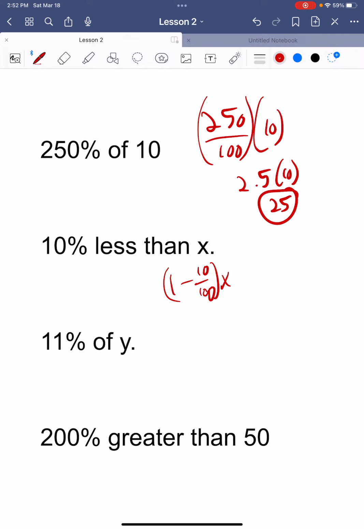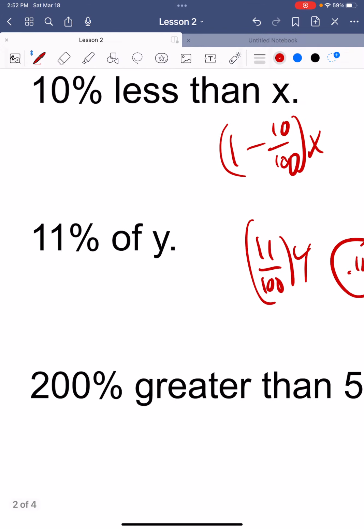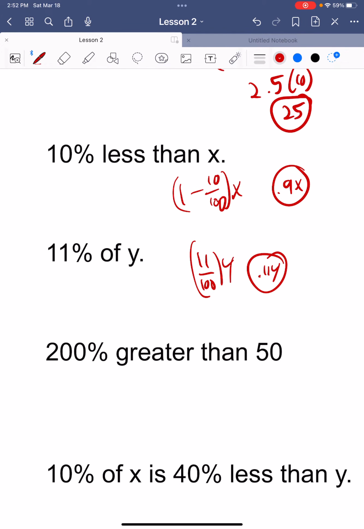That's 1 minus 0.1, which is 0.9X. 11% of Y is percent over 100 times our amount, which is 0.11Y. 200% greater than 50. So we have 1 plus percent over 100 times our amount, 50. 200 divided by 100 is 2, plus 1 is 3, times 50 is 150.